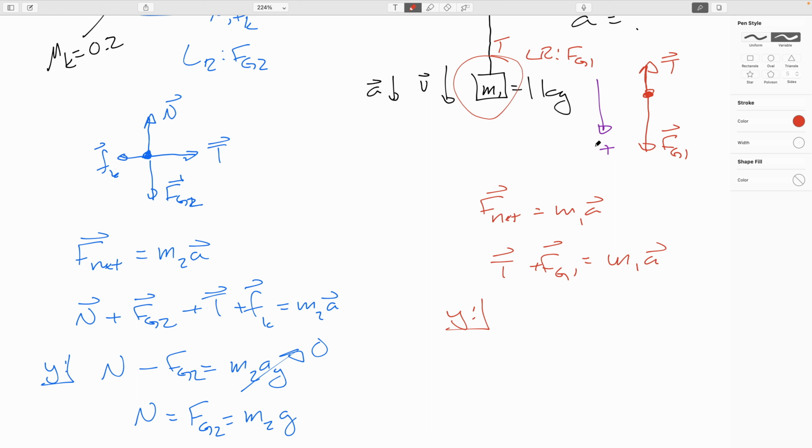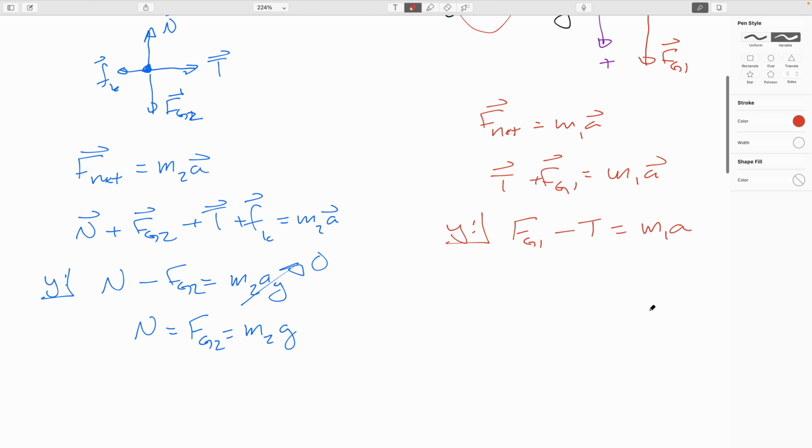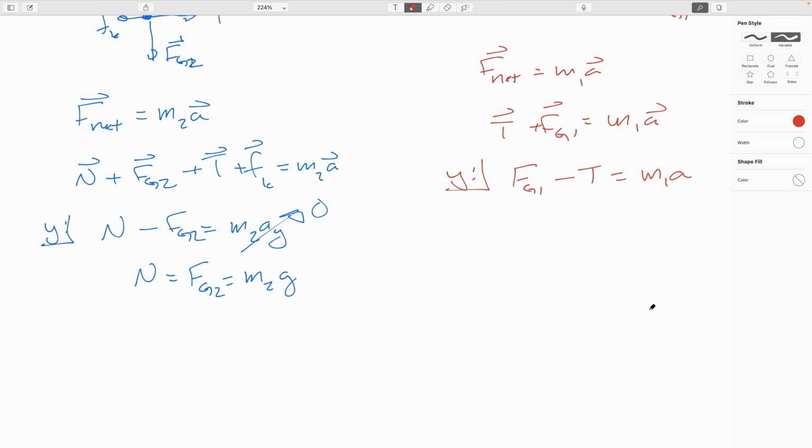And with me choosing Y positive downward, that's going to mean that Fg1 is positive, tension is negative, but since the acceleration points down, it means I can write M1A as a positive rather than a negative. All right, and we can put in our model of gravity here to get that M1 times G minus T equals M1A, and we have a problem.